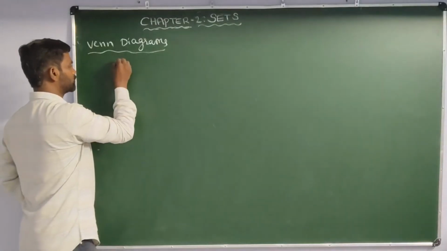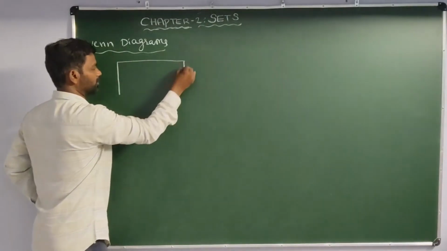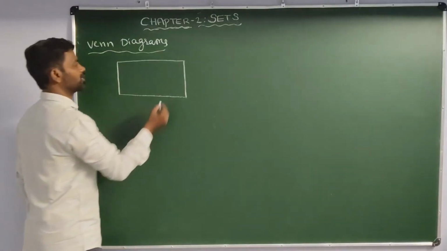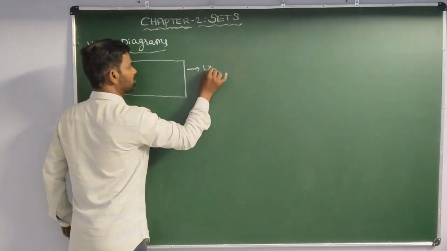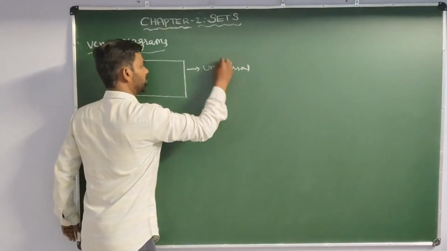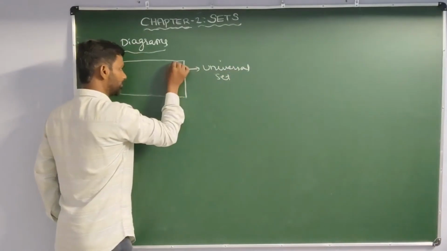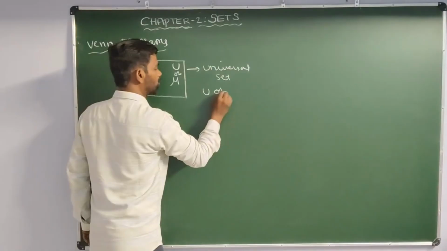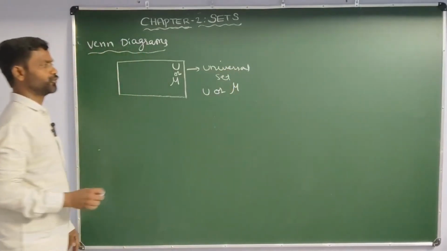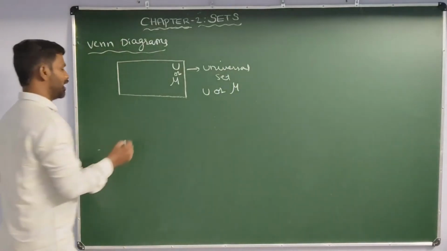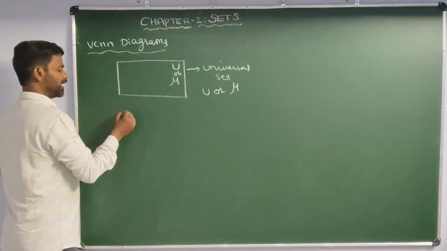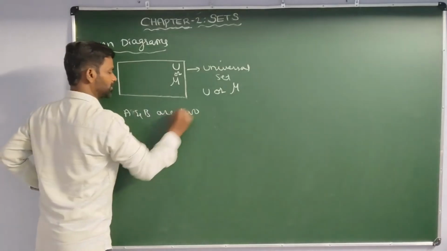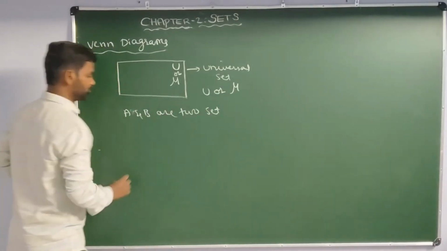In Venn diagrams, we use specially one rectangle. I have already said that a rectangle is called the universal set. And the universal set is denoted by U or mu. If A and B are two sets, then how do we represent those sets in this Venn diagram?